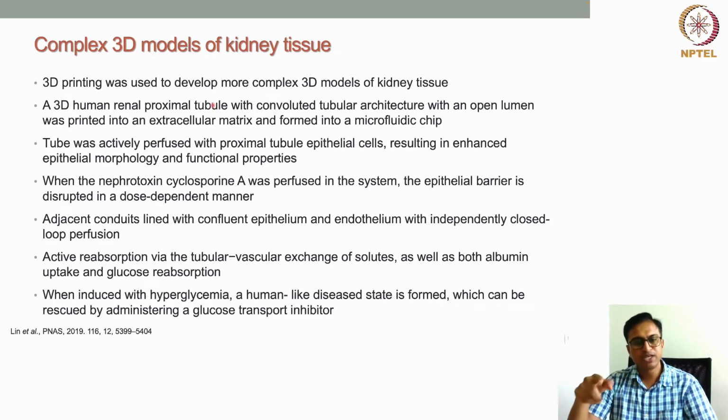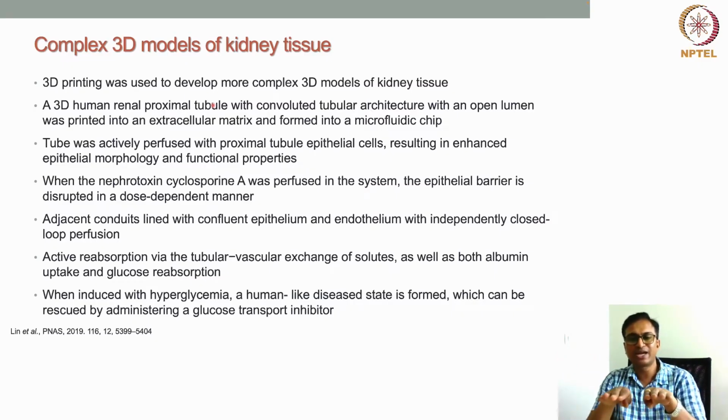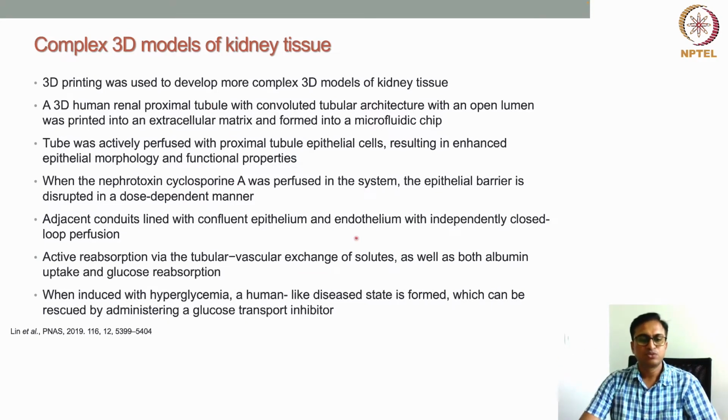In one tube, epithelium cells were perfused, and in the other, endothelium cells were perfused. These two tubes were present adjacently with a closed loop perfusion, so that things can diffuse from one tube to another, because they want to create this kind of active reabsorption via the tubular vascular exchange of solids, right?